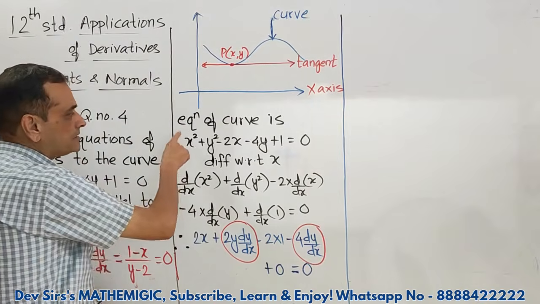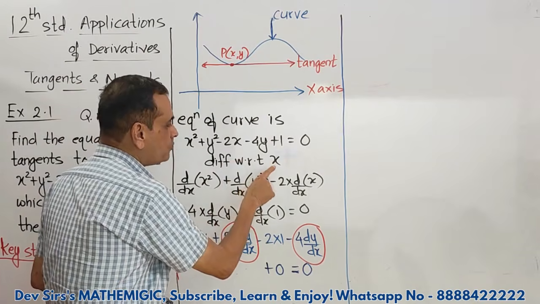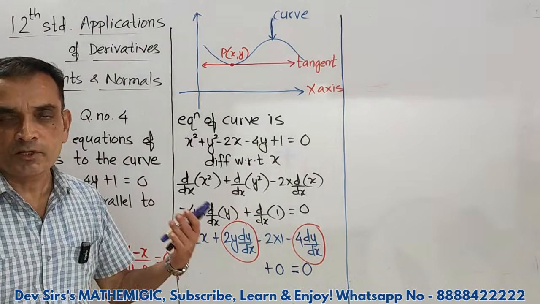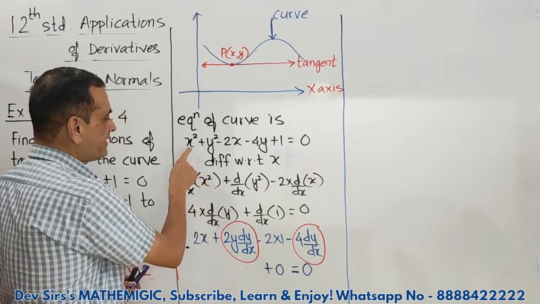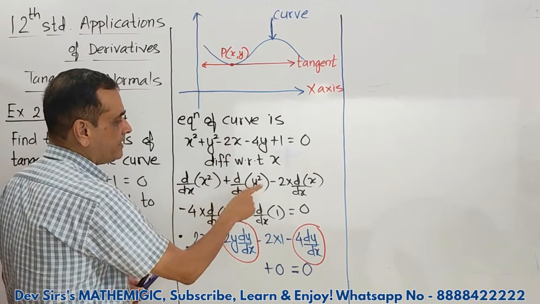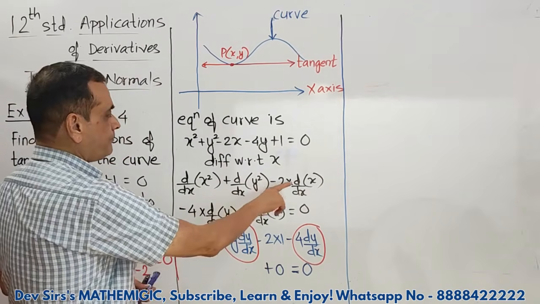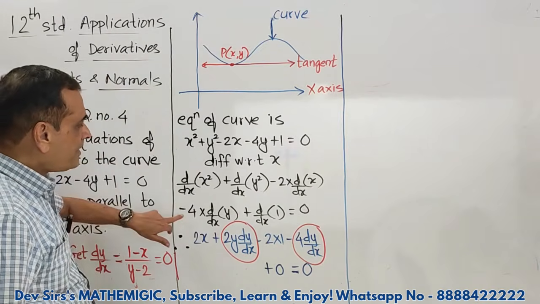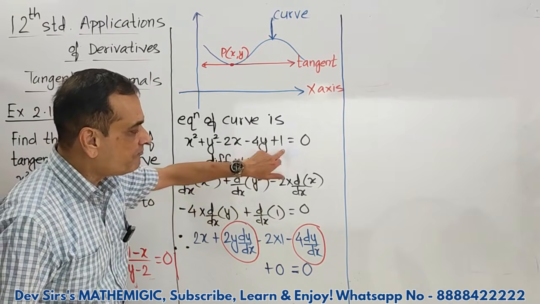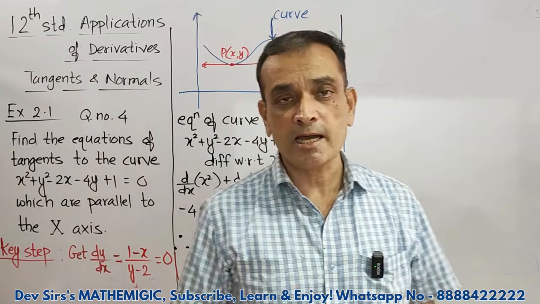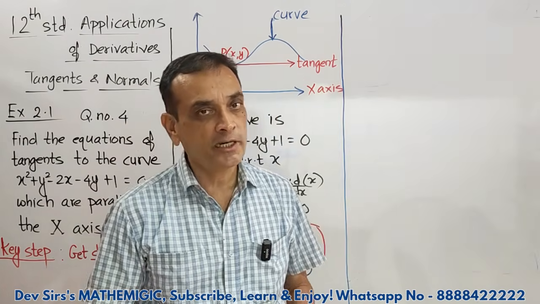As I said, start with the equation of curve. Differentiate with respect to x. 80-90% of the time it is differentiate with respect to x only. Everywhere: d by dx of x squared plus d by dx of y squared, minus 2 (the constant kept aside) d by dx of x, minus 4 (the constant kept aside) d by dx of y, plus d by dx of 1. Everywhere dy by dx has come. Differentiate with respect to x. Now let us find what is the actual dy by dx.